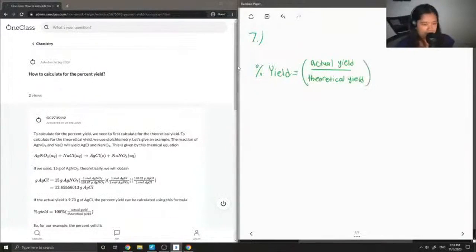And then this value is multiplied by 100% to convert to percentage. So theoretical yield is the value that you obtain when you use stoichiometry.